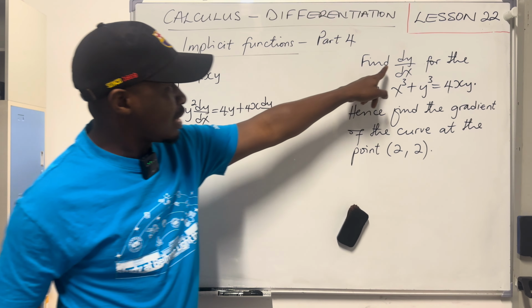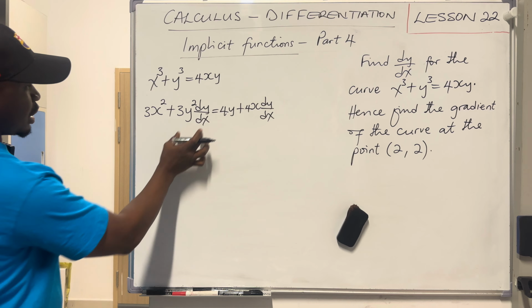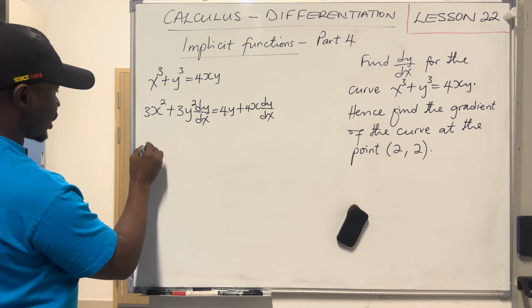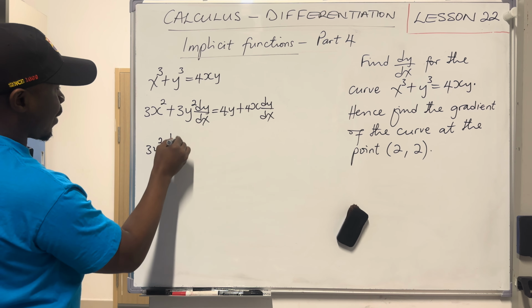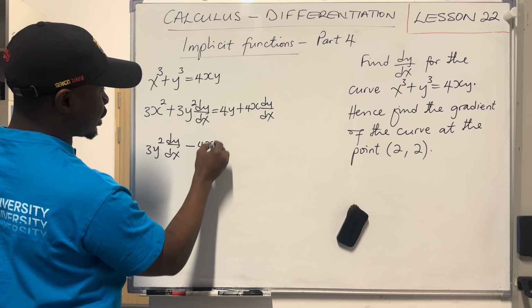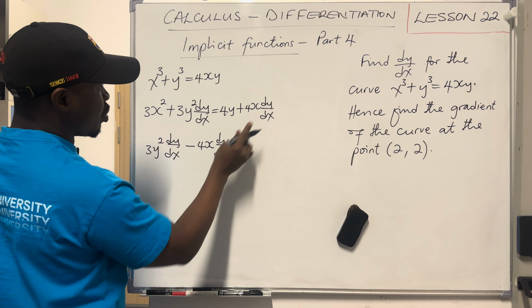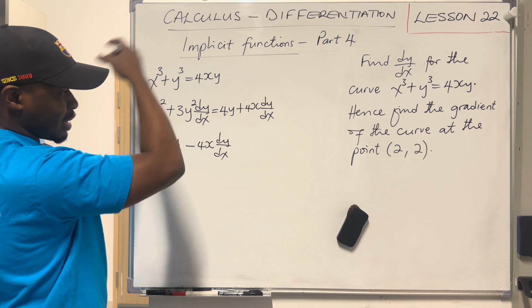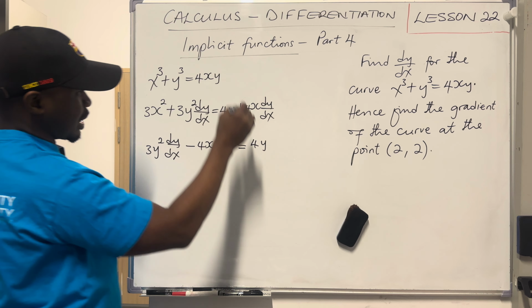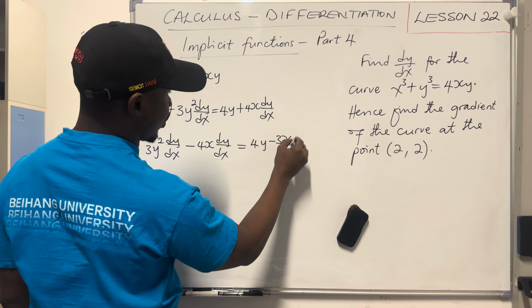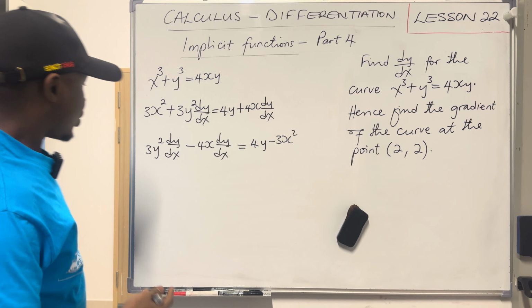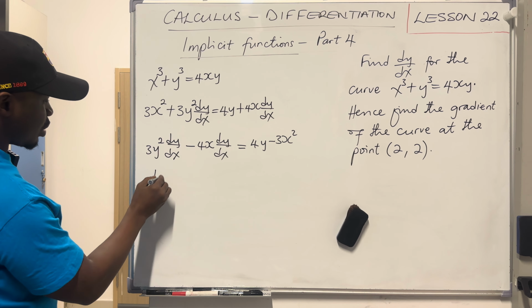So what do we want to find? Dy dx. So this term and this term are the ones that contain dy dx. So this is 3y squared dy dx. We'll bring this closer, minus 4x dy dx, because it is coming from the other side, equal to 4y. We'll take this to the other side, minus 3x squared. We need dy dx. So dy dx is common.